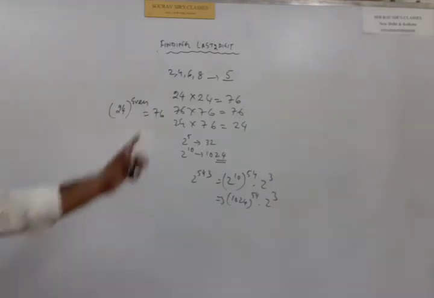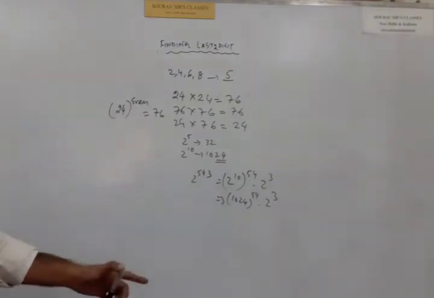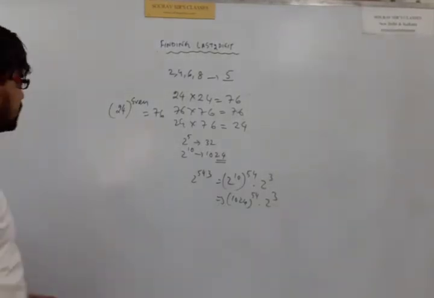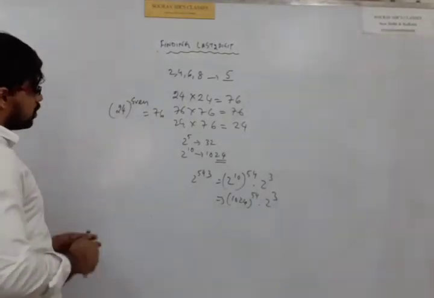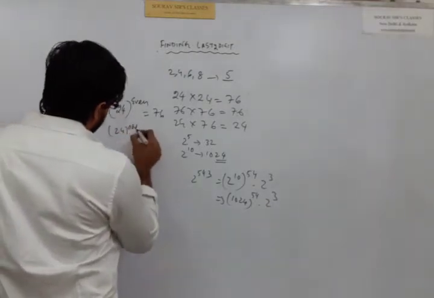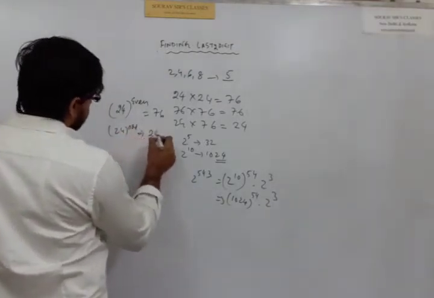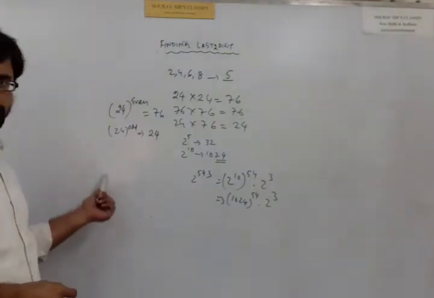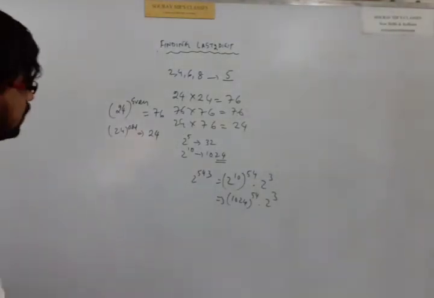Let's have a look. 24 to the power 3 is also ending up with 24. So 24 any odd number of times versus an even number of times is the main key over here.